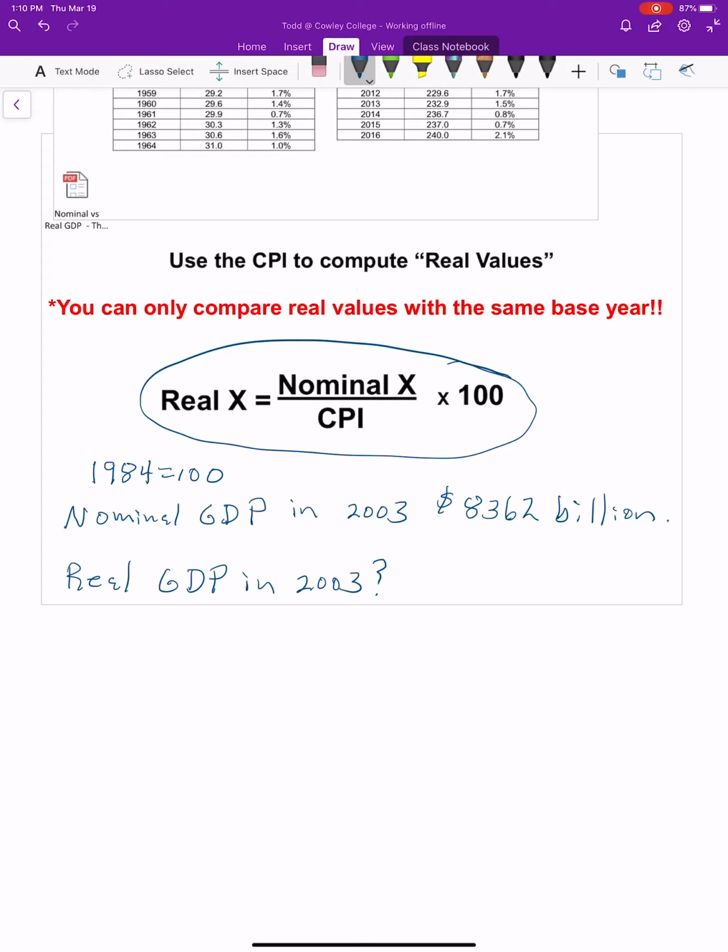So according to this, our X is going to be gross domestic product because that's what we're calculating for.